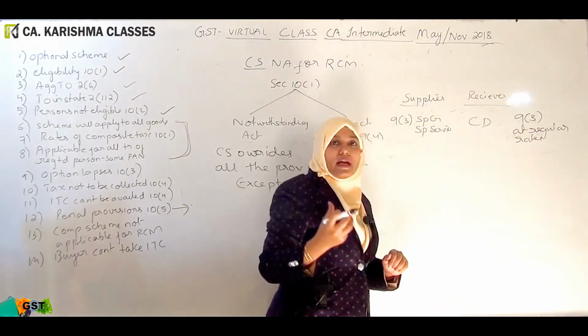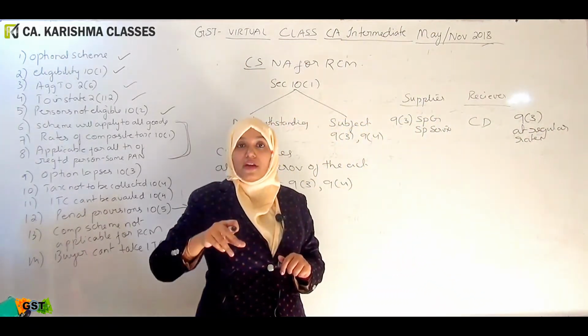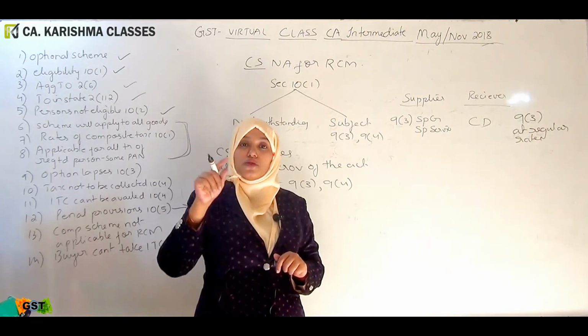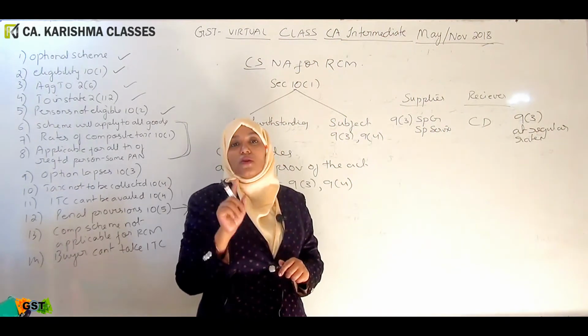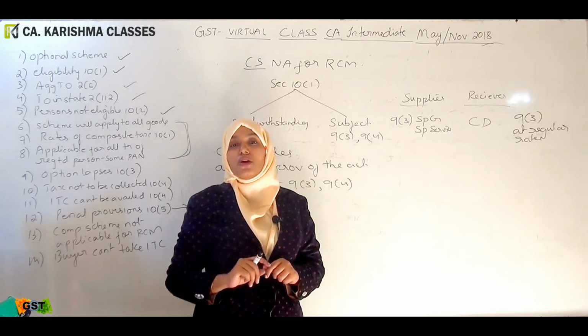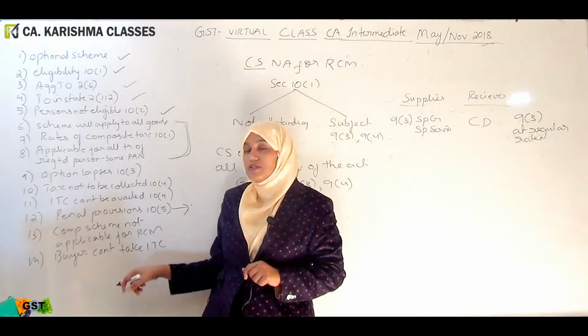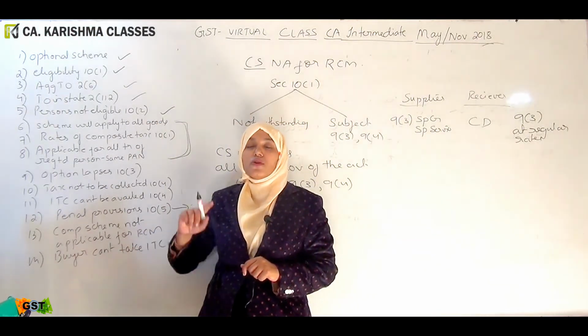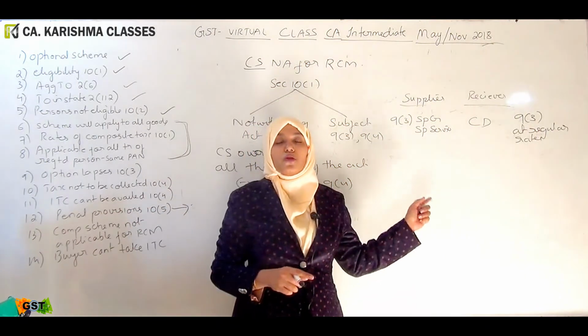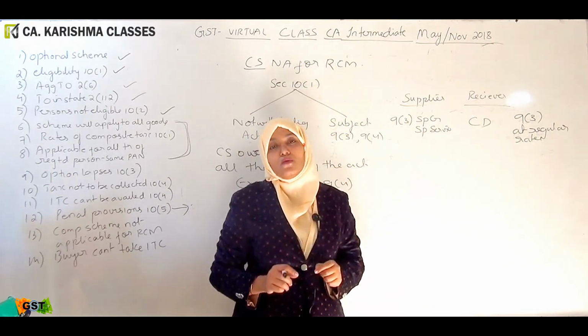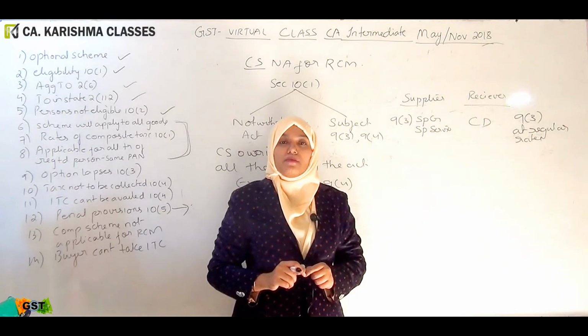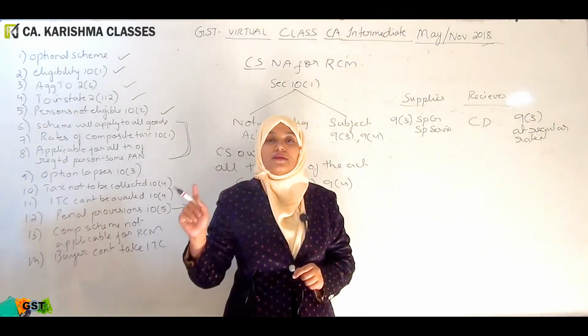Cashew nut is falling under which category? Classify accordingly. Rate of tax you put accordingly. This is your inward supply. It is not your outward supply. This composition scheme which we are hearing is your outward supply, whereas this procurement which you did is your inward supply. So this inward supply should be subject to tax at regular rates.